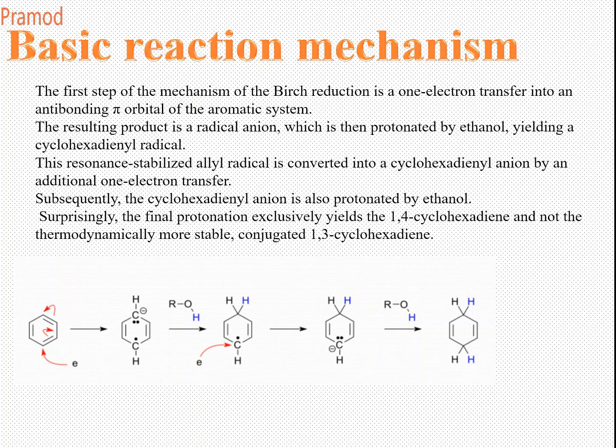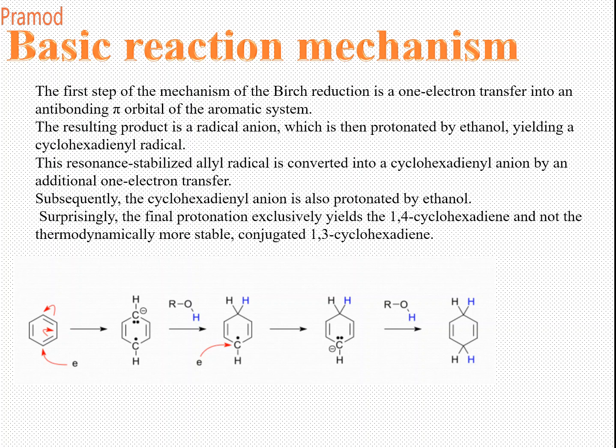So surprisingly, the final product is the 1,4-cyclohexadiene and not the thermodynamically stable 1,3-cyclohexadiene. This is your major product. So the product will not be at 1 and 3, but it will be the 1,4-cyclohexadiene.